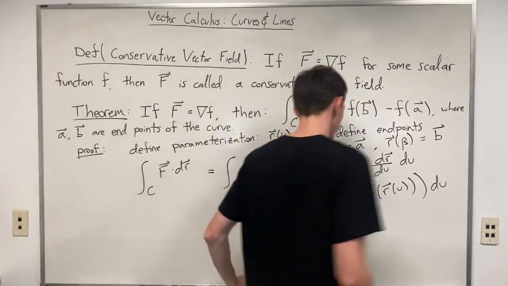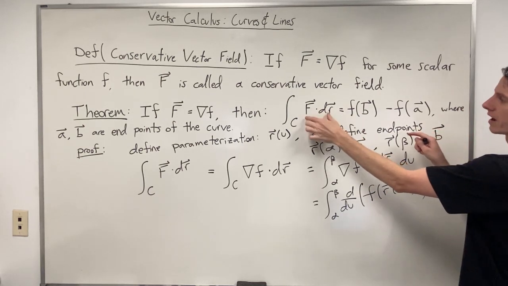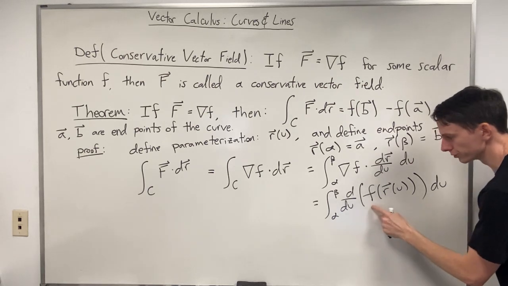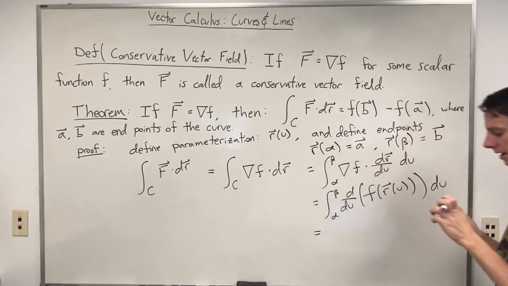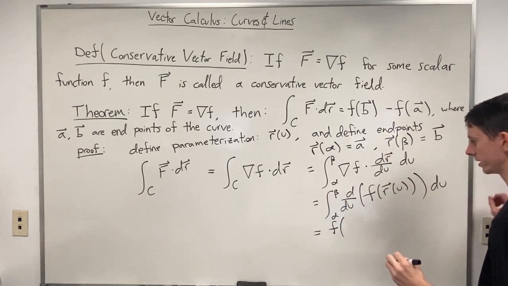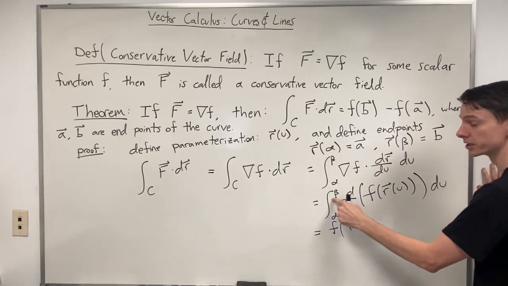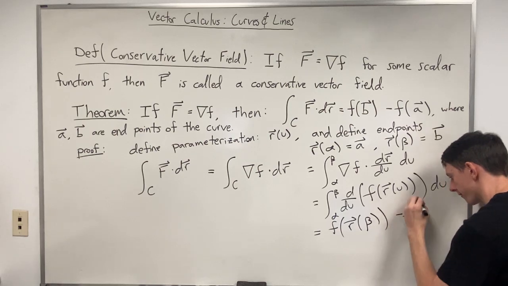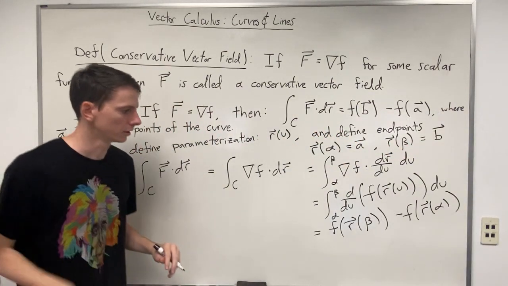And this is why the resulting value of f dot dr is lowercase f evaluated at the endpoints, because we have lowercase f right here rather than uppercase f. So by just applying the fundamental theorem of calculus, this is going to give us f evaluated at r as a function of u is set to beta here, like this, minus f evaluated at r of alpha, like this.